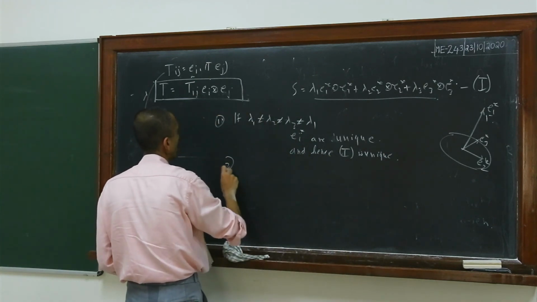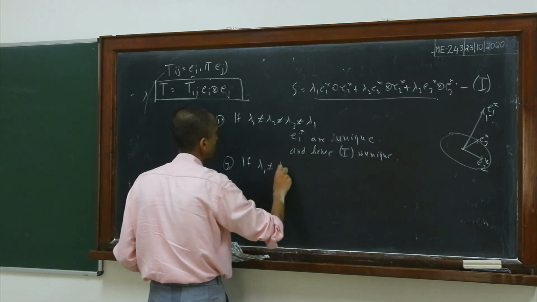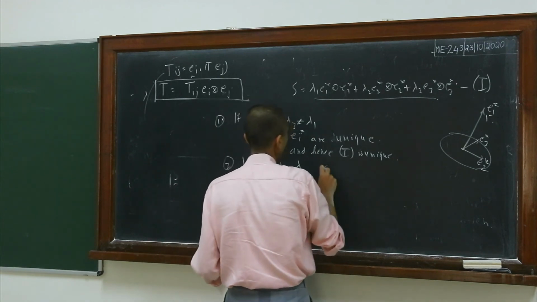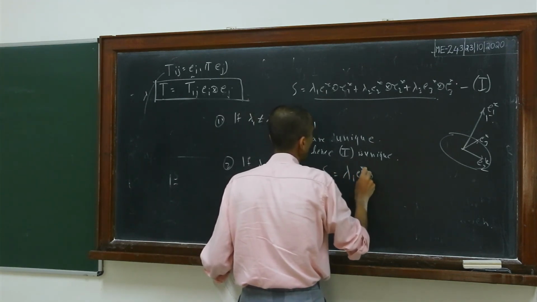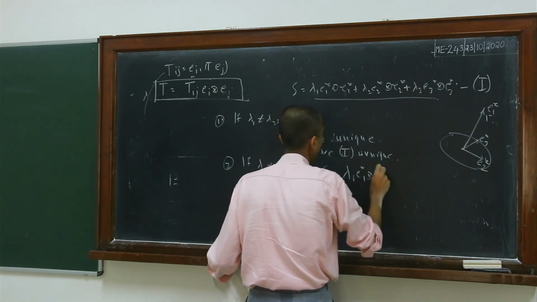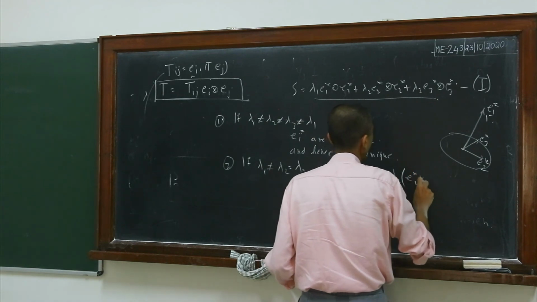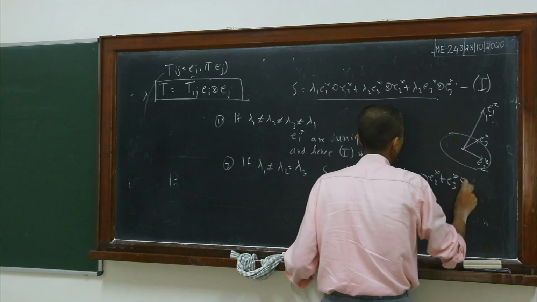Then the second case: if lambda 1 is not equal to lambda 2, which is equal to lambda 3, you can write S as lambda 1 E1 star dyadic E1 star plus lambda 2 times E2 star dyadic E2 star plus E3 star dyadic E3 star.